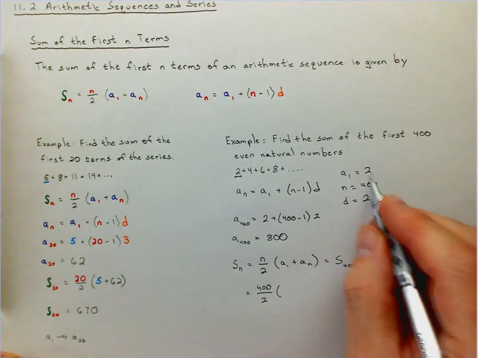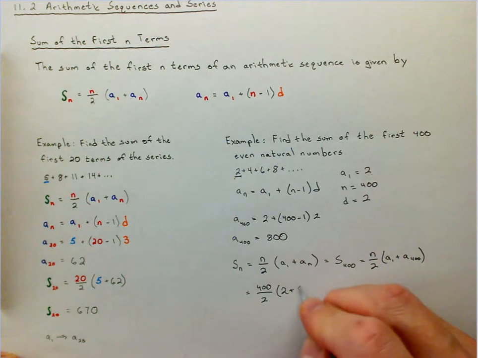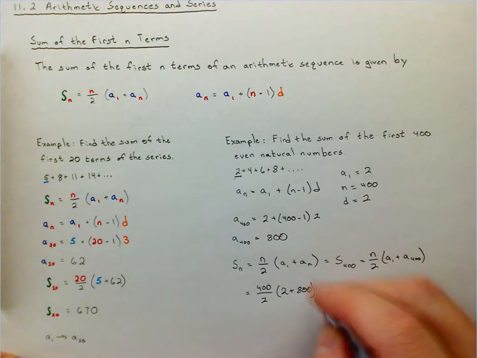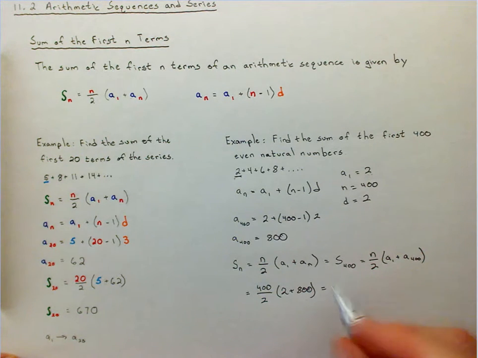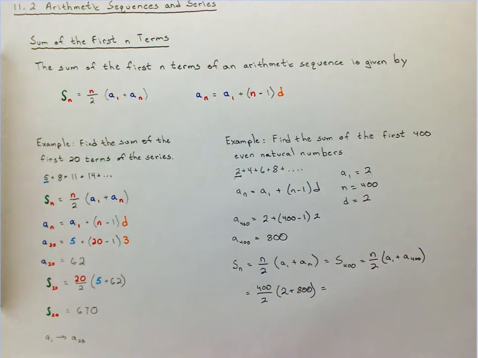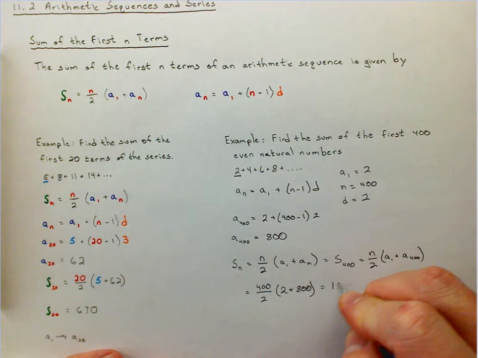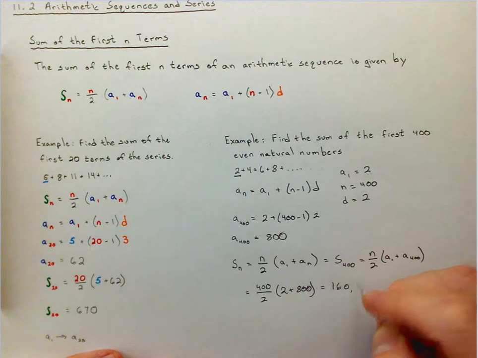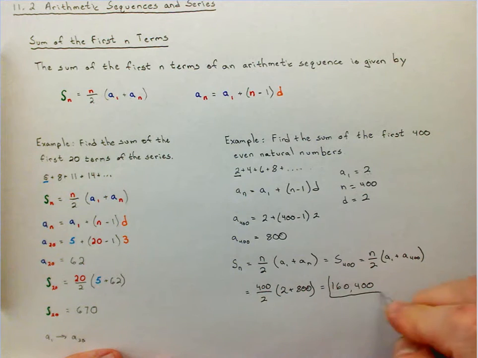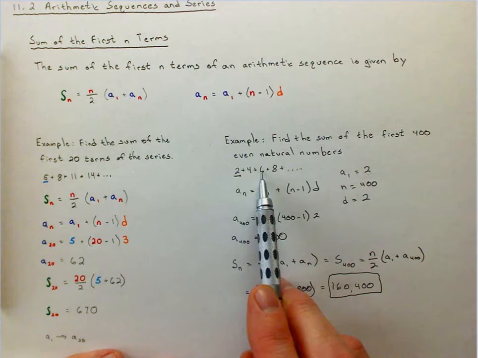A sub 1 was 2, so 2 plus A sub 400, which was 800. In calculator, 200 times 802, and that will give me 160,400.